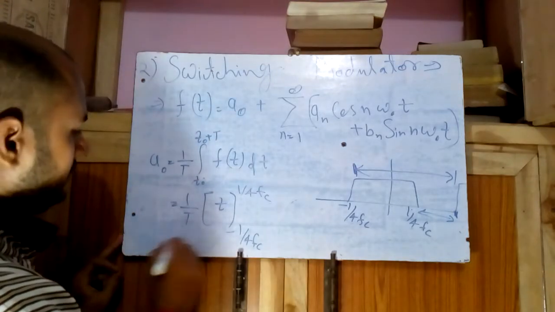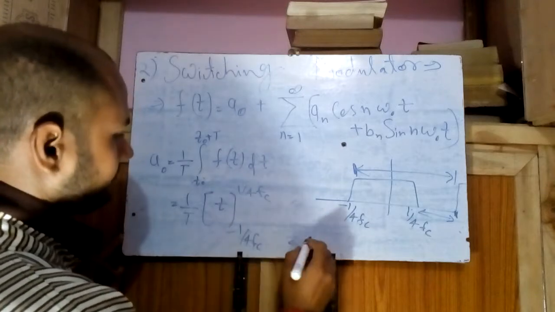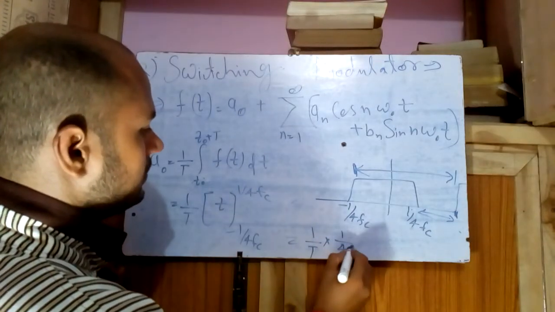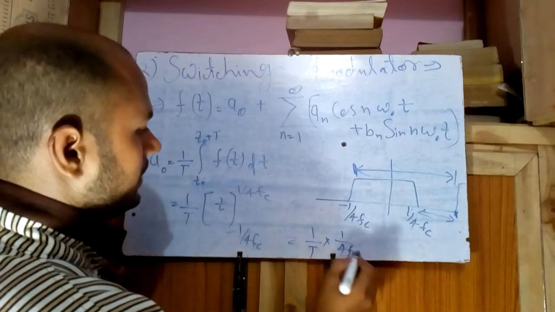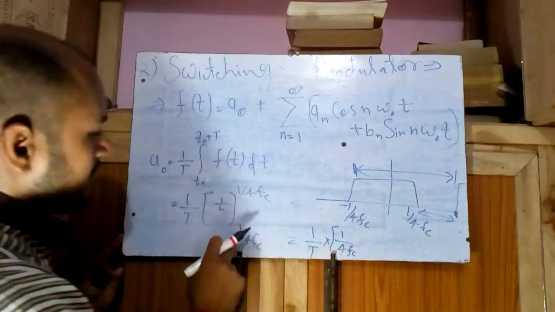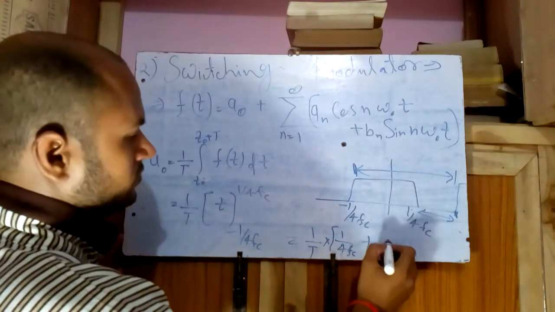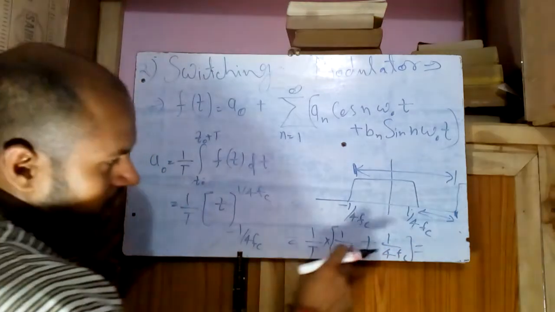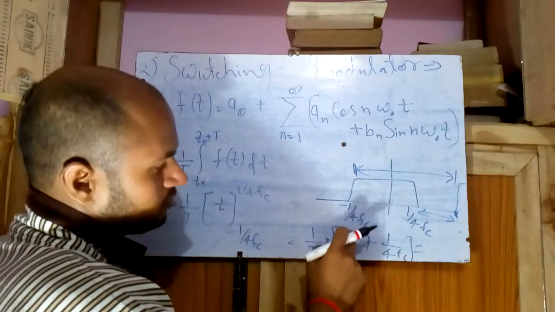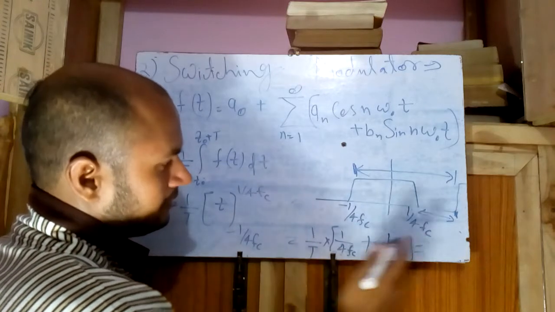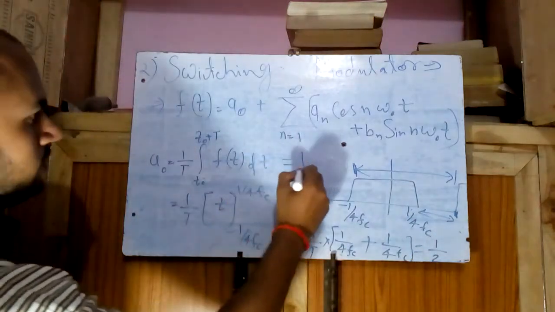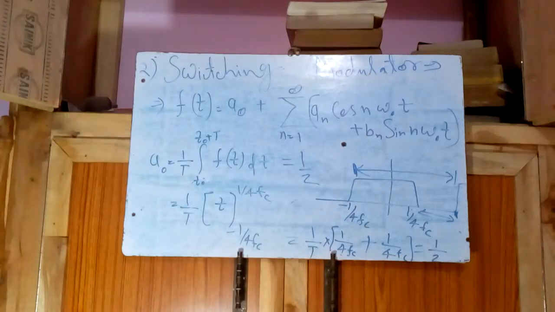So we can write here 1 by T into 1 by 4 Fc, minus minus plus 1 by 4 Fc, that is 2 by 4 Fc, 1 by 2 Fc, and T will be cancelled, that is 1 by 2. So a naught is equal to 1 by 2, right?